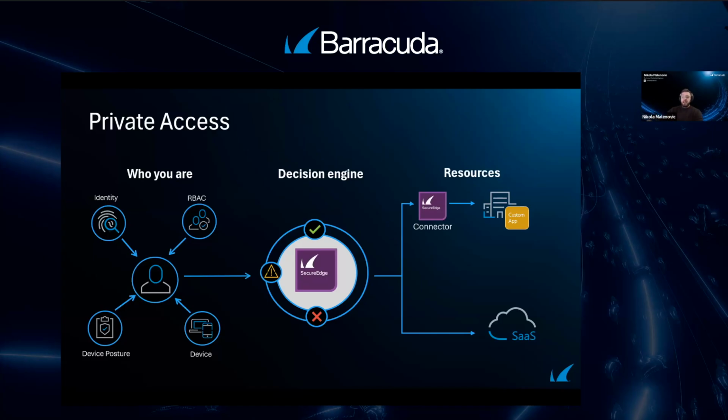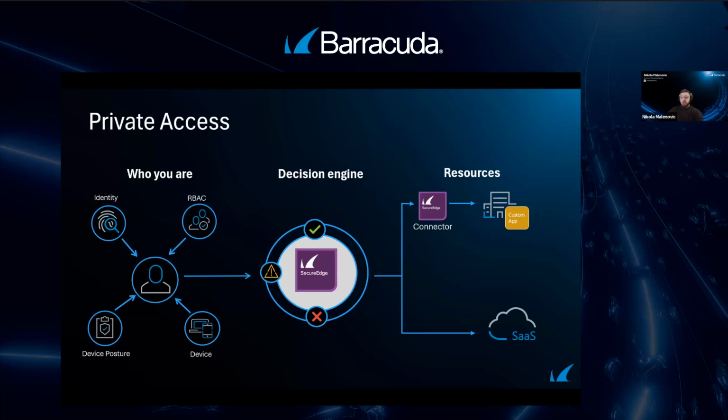On the right-hand side, you can see the resources or applications that the user may want to access. These can be custom web applications or network-based applications that you, for example, host locally on premises or in your own data center, or also SaaS applications and services, right?